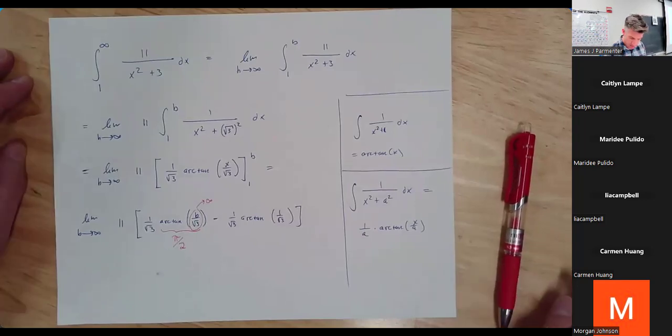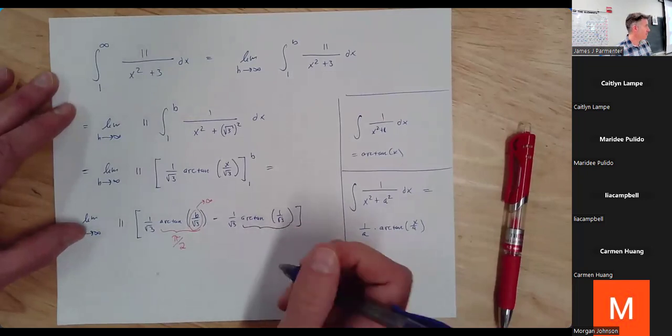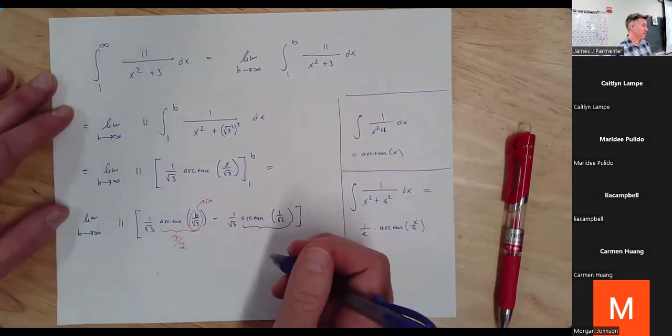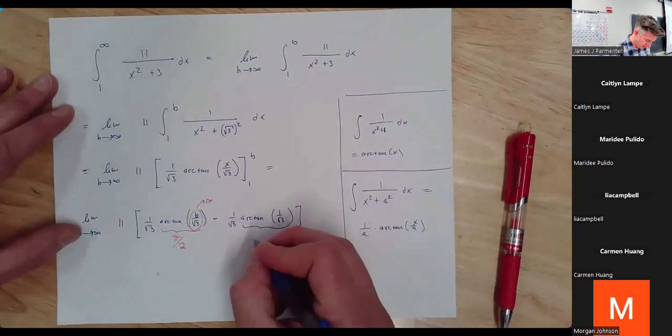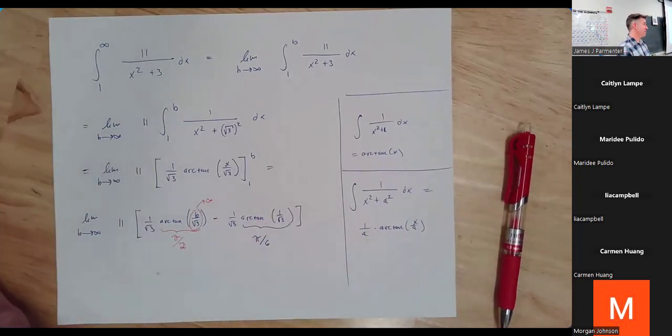And then the arctangent of 1 over root 3 is something that I think that Del would expect you to know. That's going to be pi over 6, because tangent of pi over 6 is equal to 1 over root 3. So the arctangent of 1 over root 3 is equal to pi over 6.